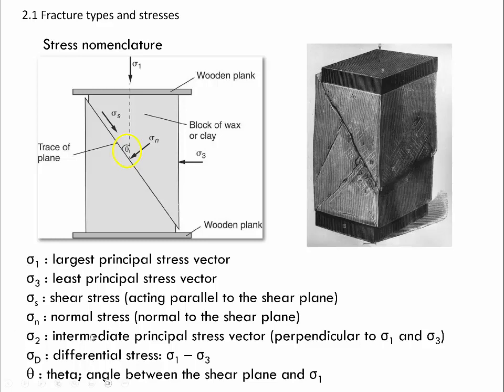The intermediate stress would be sigma 2, and the sigma 2 principal stress vector is perpendicular to both sigma 1 and sigma 3. That means here in our example, sigma 2 would be straight here in the viewing direction, perpendicular to the slide we are looking at. A reminder, the differential stress, of course, is sigma 1 minus sigma 3.